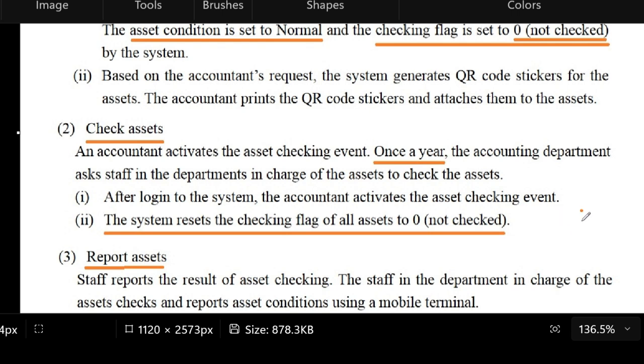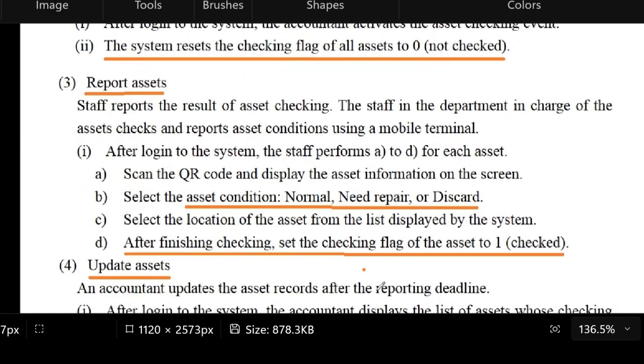Because remember, what we need to do is to find the assets, see if they're there or not, and file reports. That's why the third step is reporting the result of the asset checking.